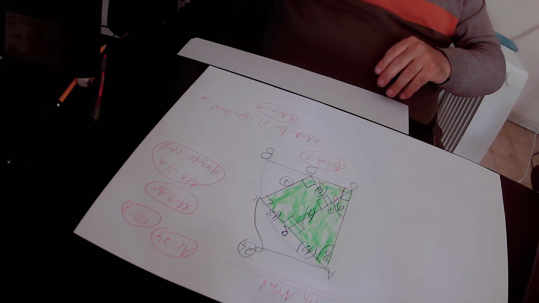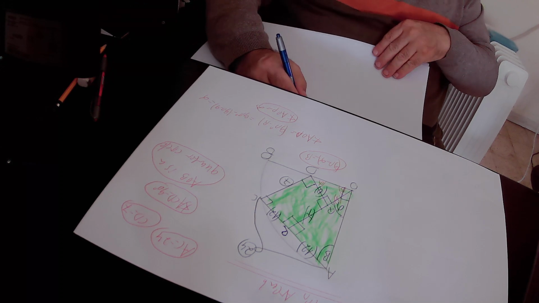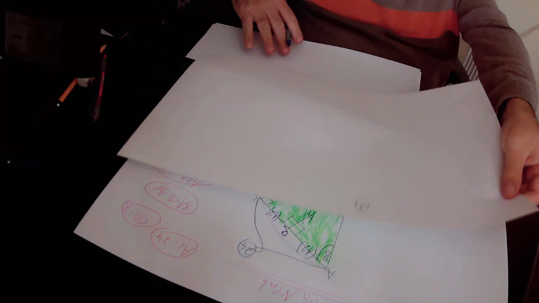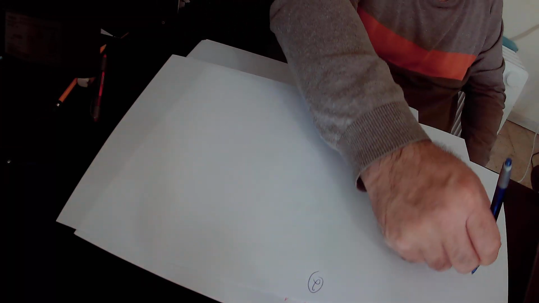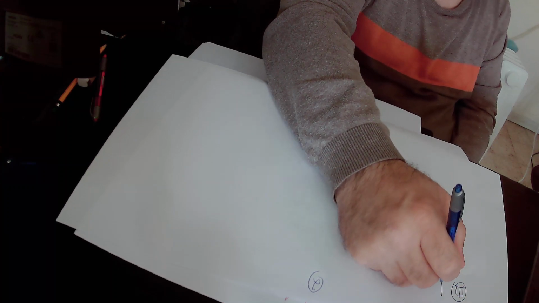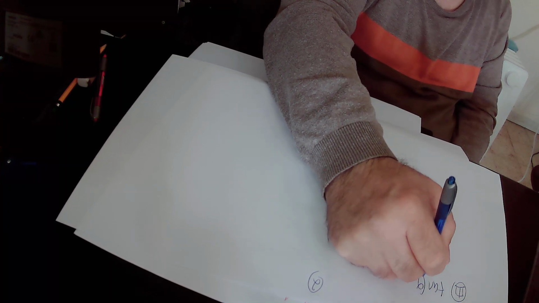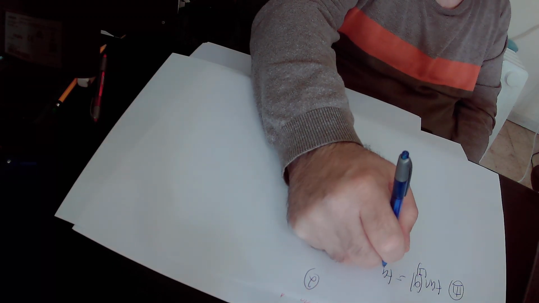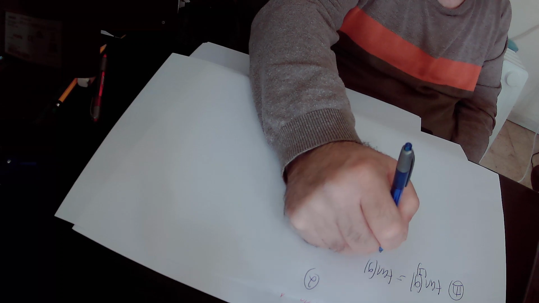In the next step, we'll create equation number 3. According to equation number 3, tangent alpha according to equation number 1 must be equal to tangent alpha according to equation number 2.